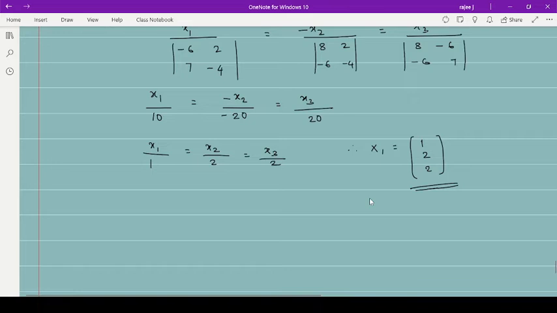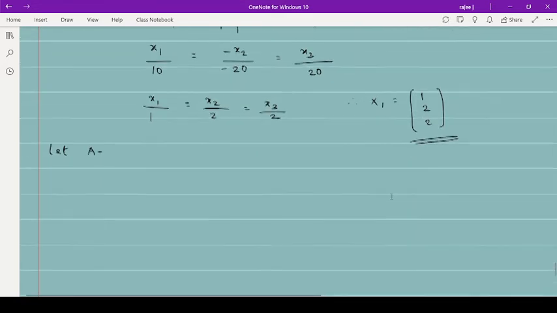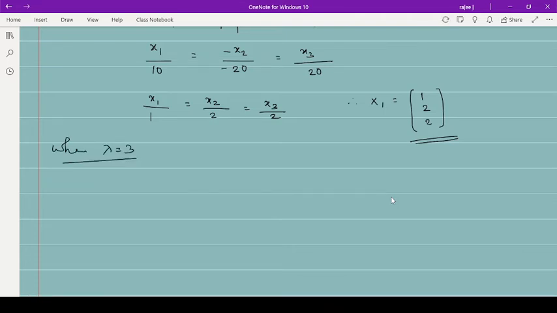Now let x2 be the vector corresponding to lambda equal to 3. So when lambda equal to 3, consider A minus lambda I into x2 equal to 0, where x2 is equal to x1, x2, x3.